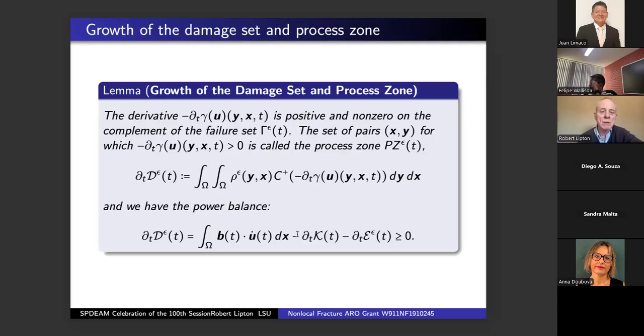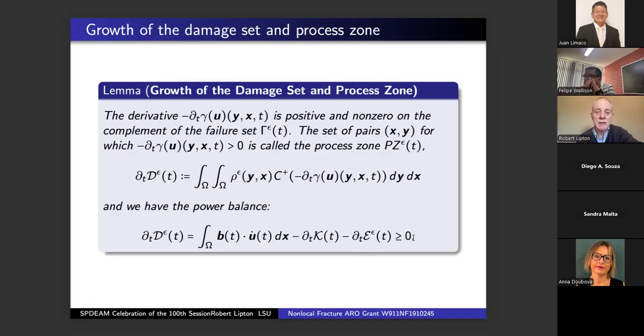And we have here then that the time derivative of the damage is given by the change in gamma. And so our power balance, we can actually write a power balance instead of an energy balance. We take the derivatives of everything, and we have our power balance, which says that the change in damage is equal to the energy put into the system minus the kinetic energy and minus the elastic energy. And what's important here is that this time derivative is non-negative.